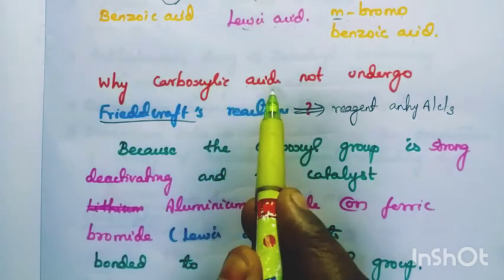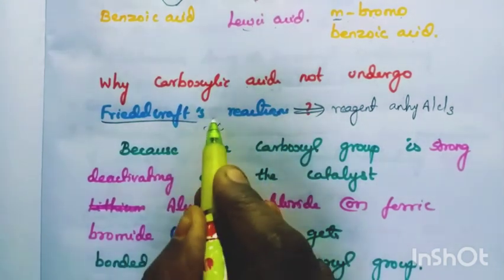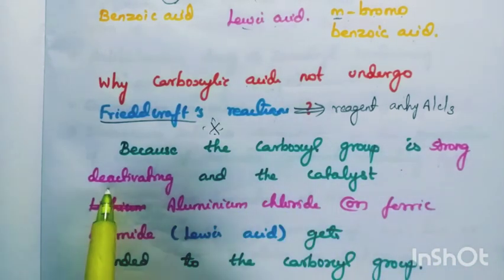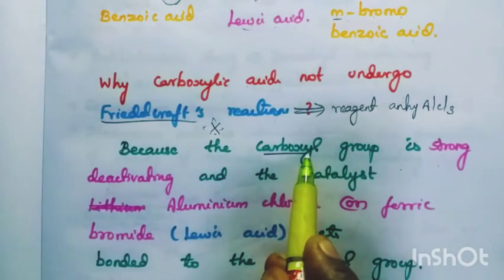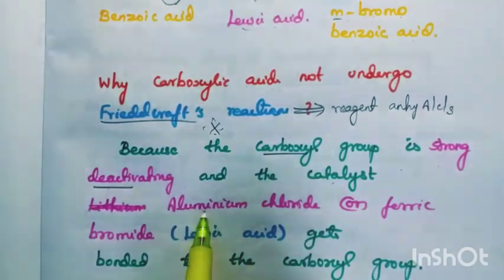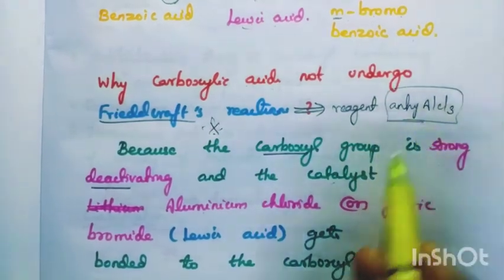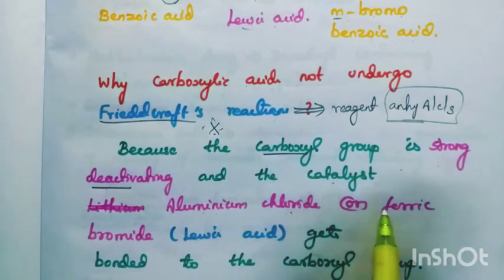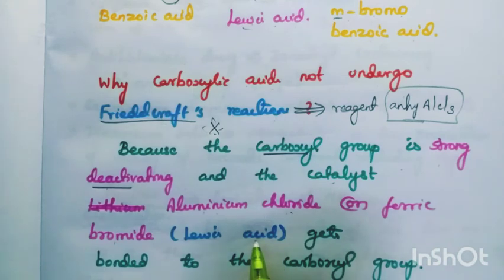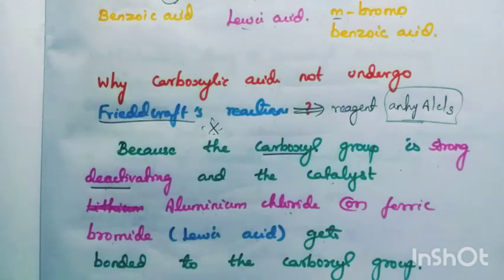So why does carboxylic acid not undergo the Friedel-Crafts reaction? This is an important reasoning question. Because the carboxyl group is strongly deactivating. We know the carbonyl carbon in the carboxyl group is a deactivating group. And the catalyst, anhydrous aluminium chloride, is our catalyst, no? So aluminium chloride, or ferric bromide as in the bromination reaction, any Lewis acid, gets bonded to the carboxyl group.